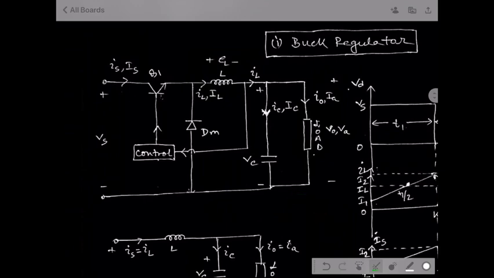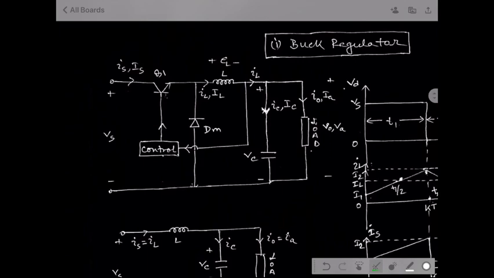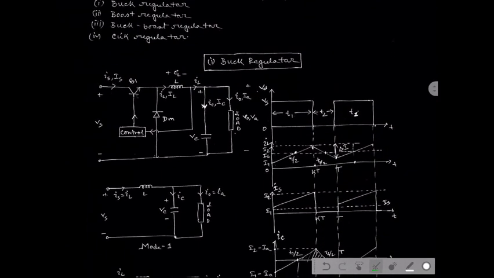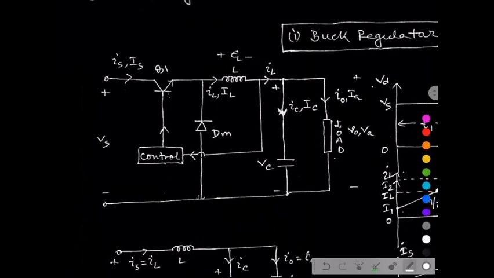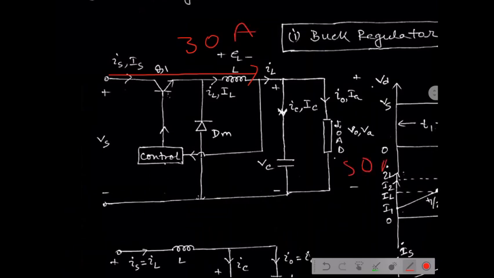When the inductor current gradually increases from its low value when the switch is in the on state, suppose it is 30 ampere, and as we assumed the constant magnitude of the output current is 50 ampere, that means the excess 20 ampere current is delivered by the capacitor.